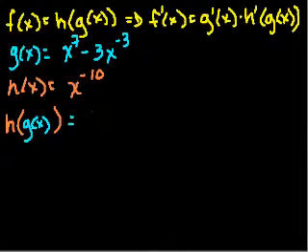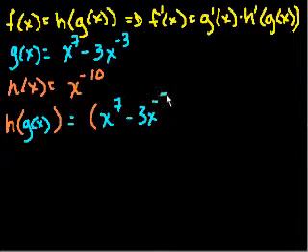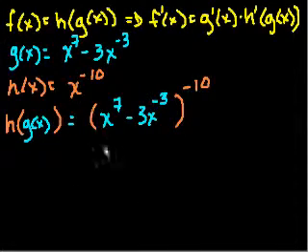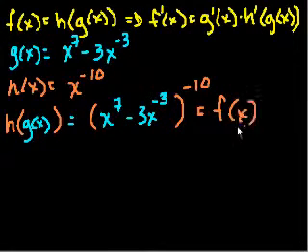So it would just be this expression, x to the 7th minus 3x to the minus 3rd, and then all of that to the minus 10th power, right? So this is our f of x. And this is, of course, equal to f of x, right? Because f of x is equal to h of g of x.